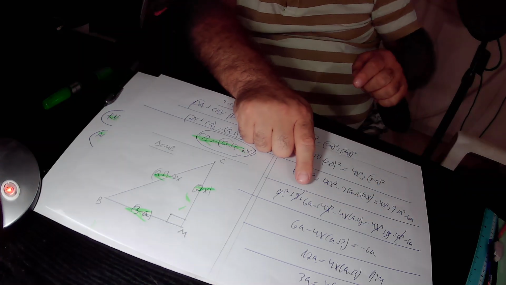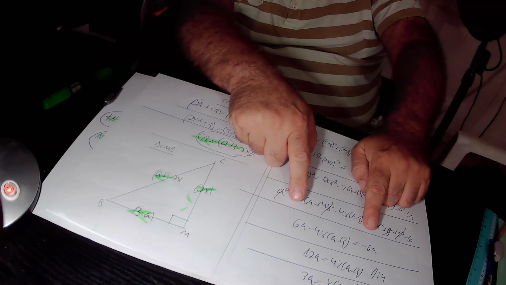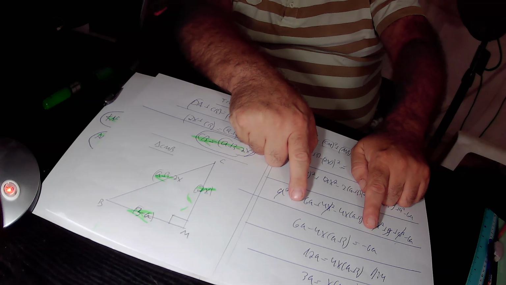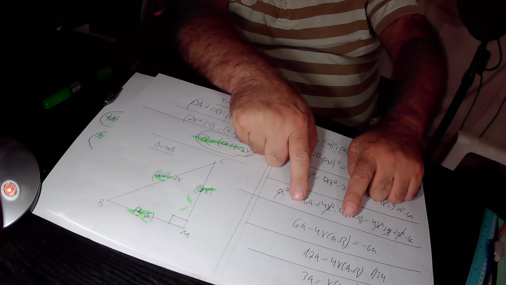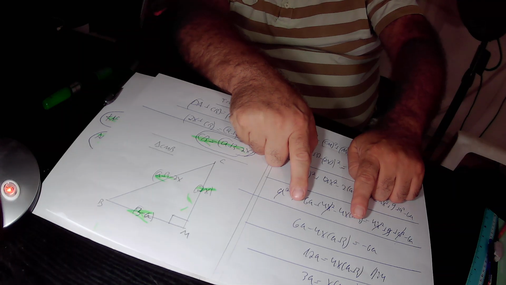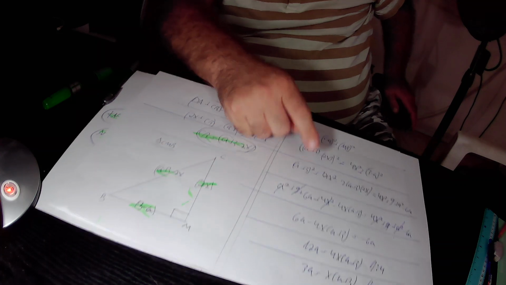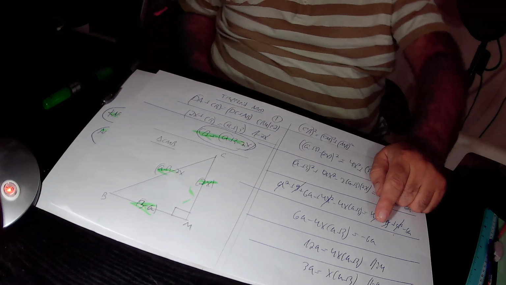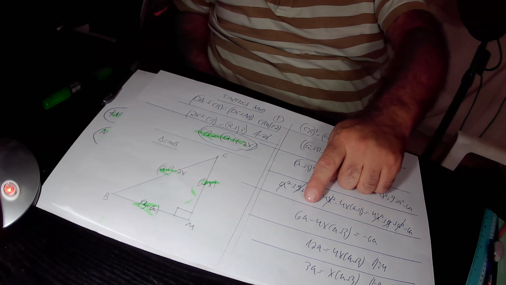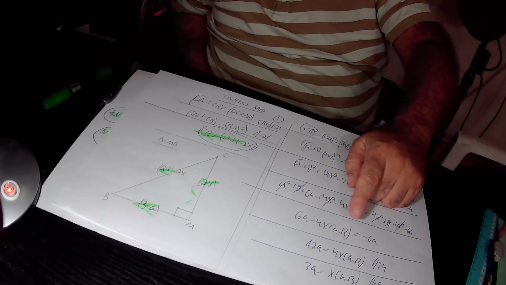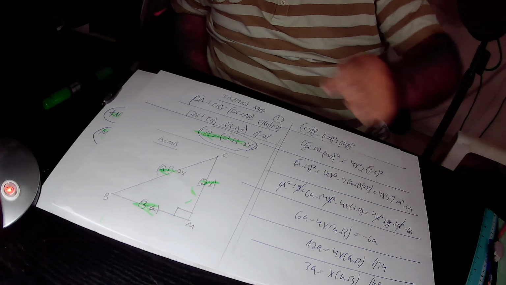In the next step we added 6A and also 4x times A plus 3 to this equation simultaneously, and I found out that 6A plus 6A is 12A equals 4x times A plus 3.